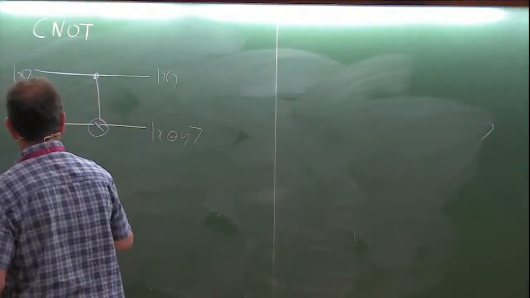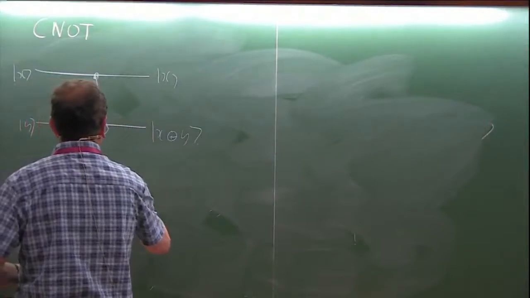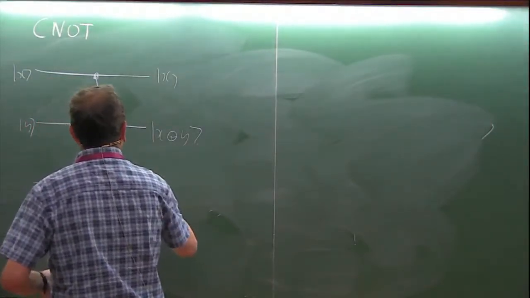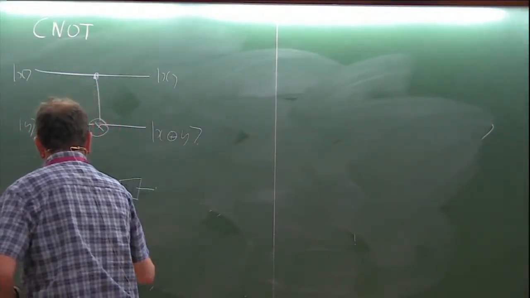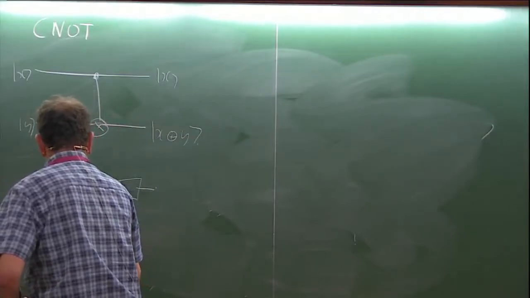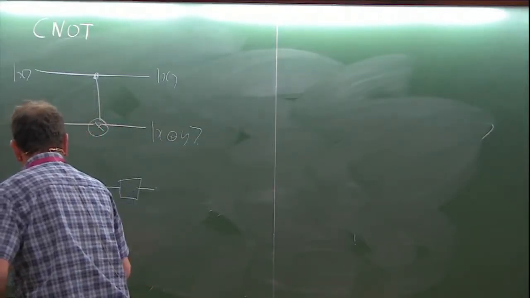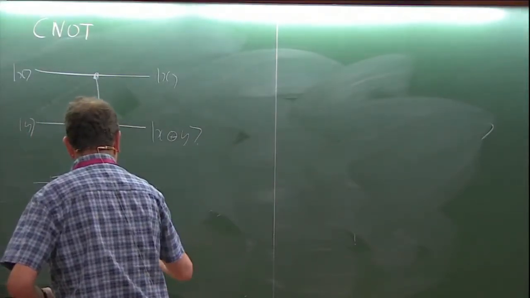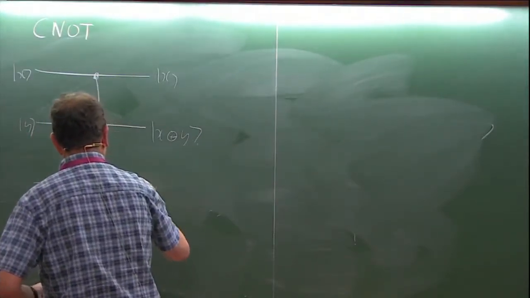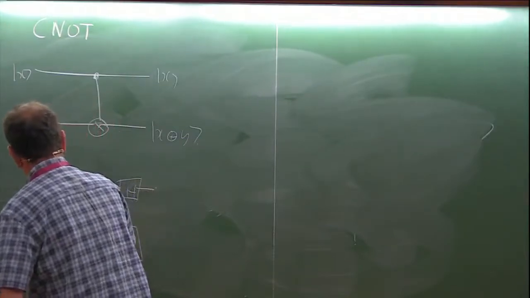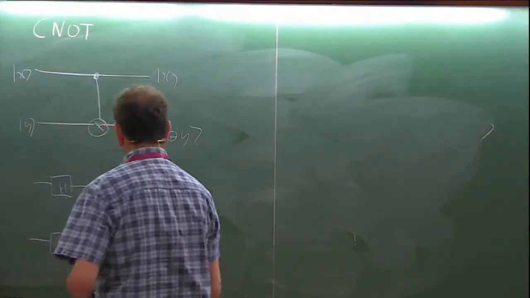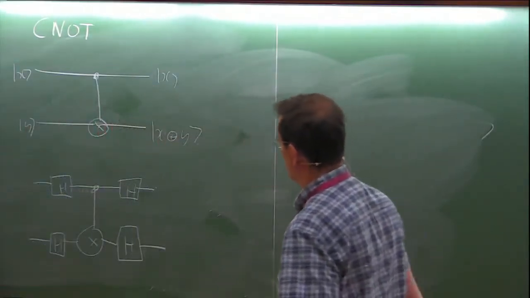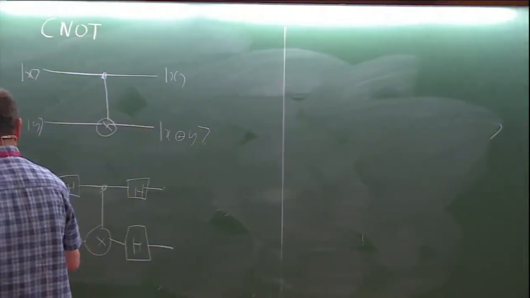So what I want to consider then, and this will turn out to be useful, is what happens if I sandwich Hadamards between the inputs and the outputs to a CNOT gate. And I feed in, say, X here and Y here.